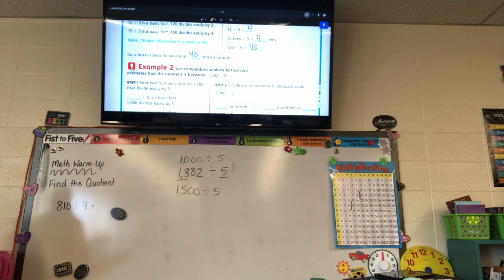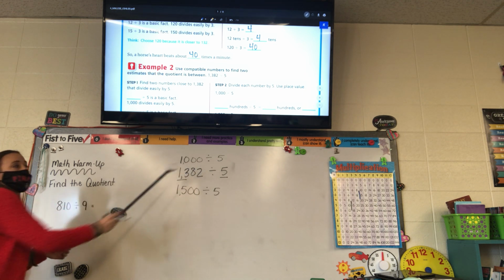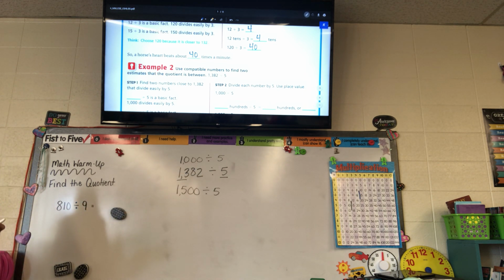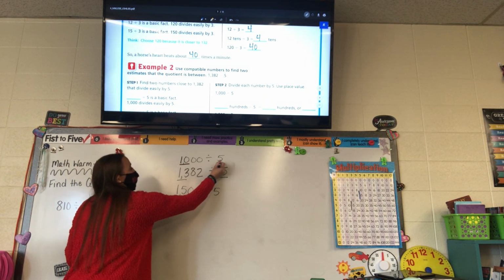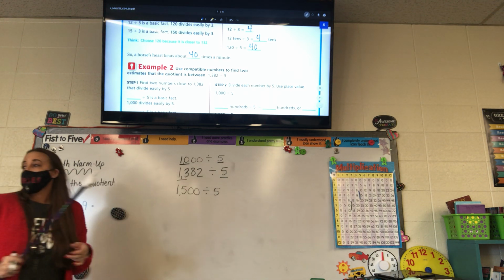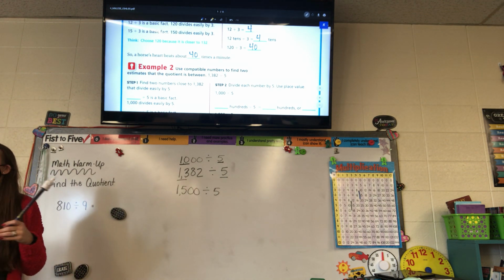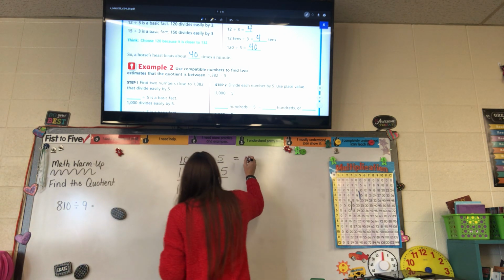Remember what happens whenever this first number is smaller than this number? We have to use one of our zeros. So our basic fact would actually be 10 divided by 5. If you go to the 5 row, is there a 10 on there? Yeah. And then go up, and what's it equal? 2.